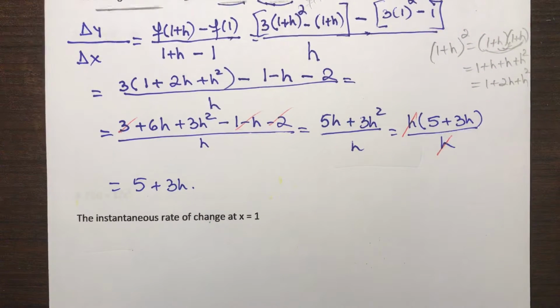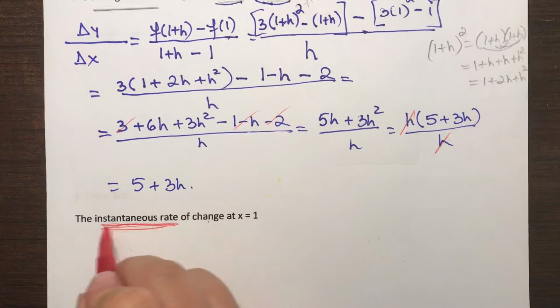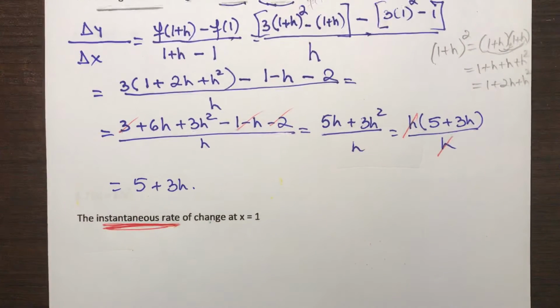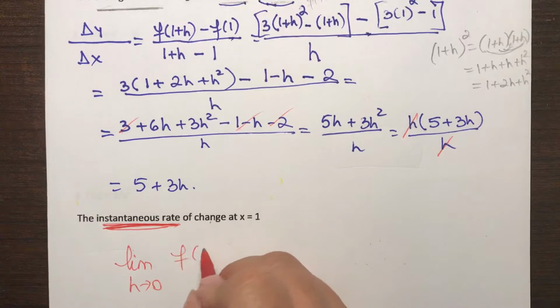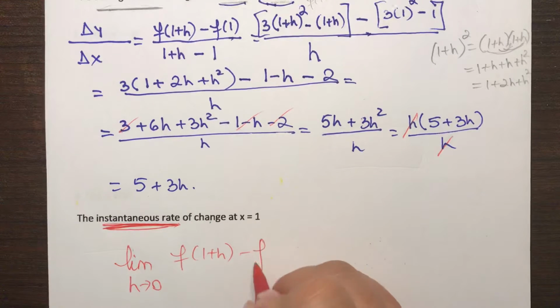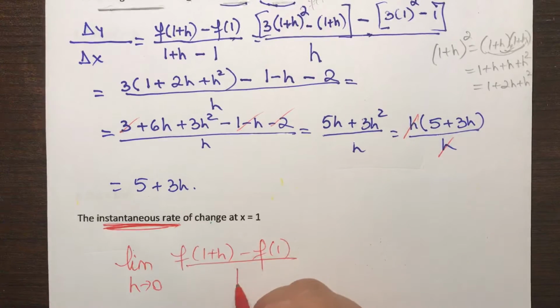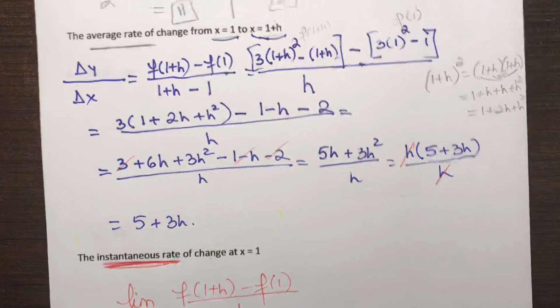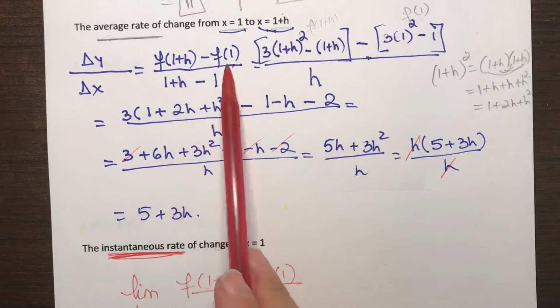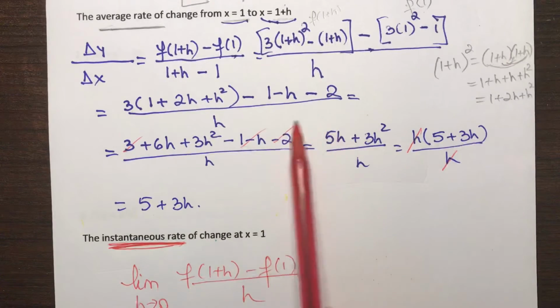Okay, now to find the instantaneous rate of change, that's the slope of the tangent line. So what did we say we're doing for that? We're letting this h get close to 0. Okay, so we already figured this out, right? The change in y's with respect to change in x's.